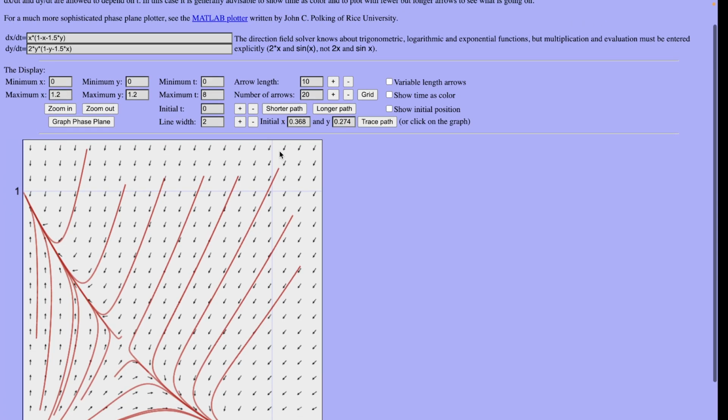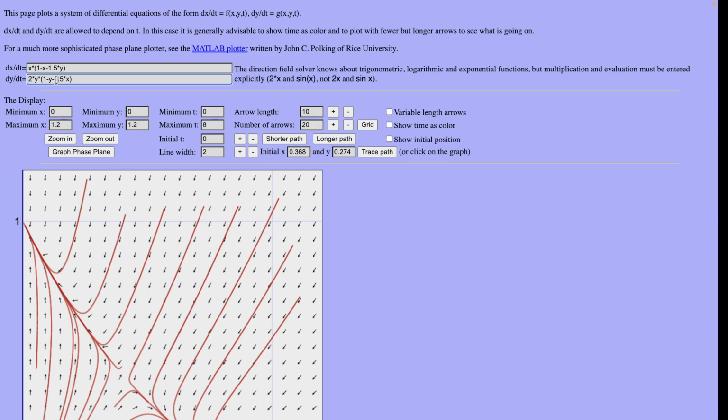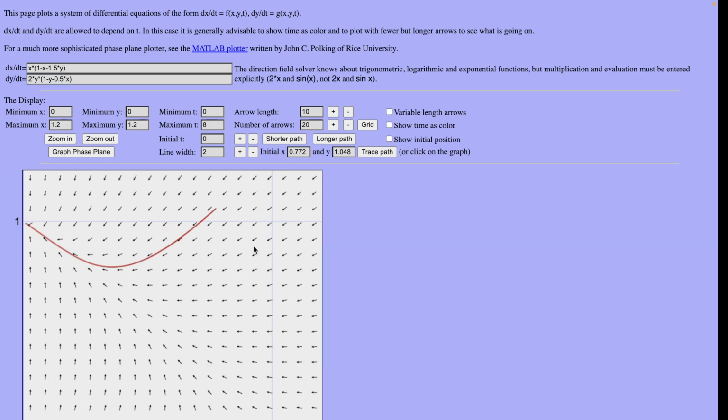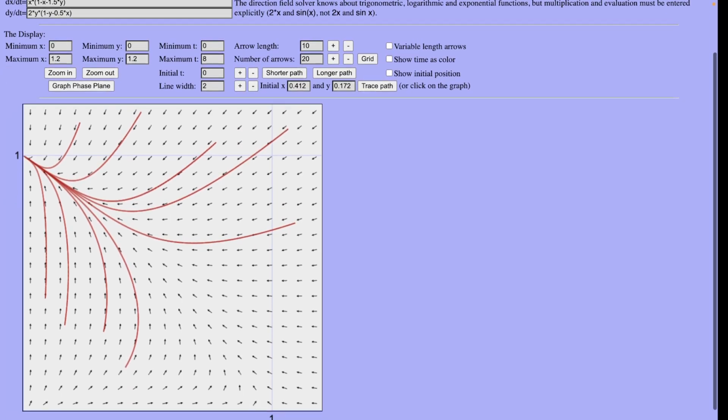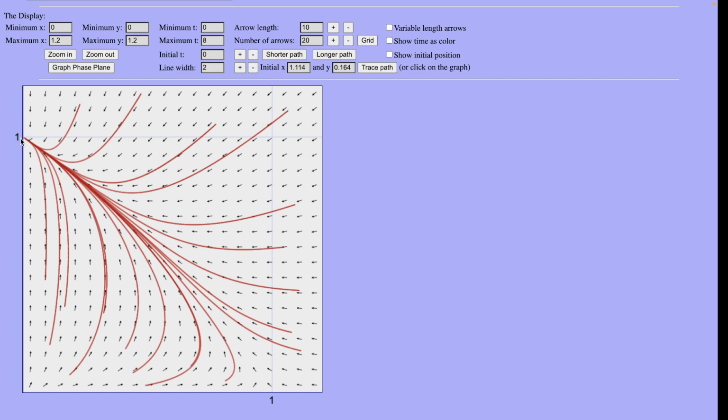The next case: alpha greater than 1, so alpha equal to 1.5, and beta less than 1, say 0.5. All trajectories go to the point (0, 1), E2.